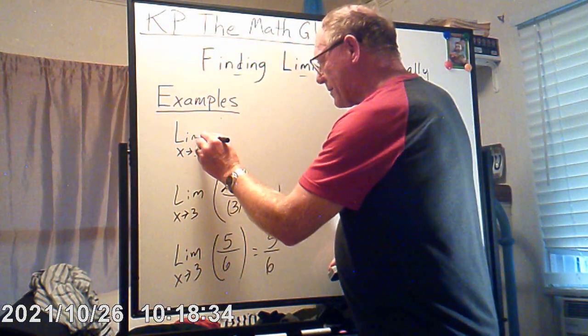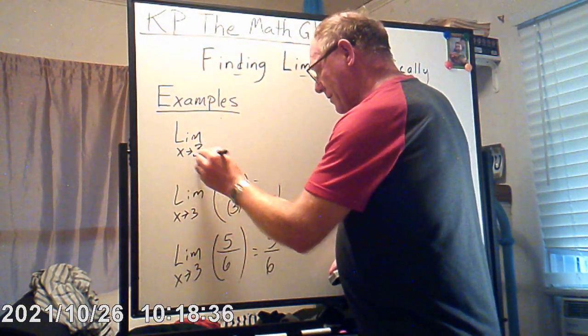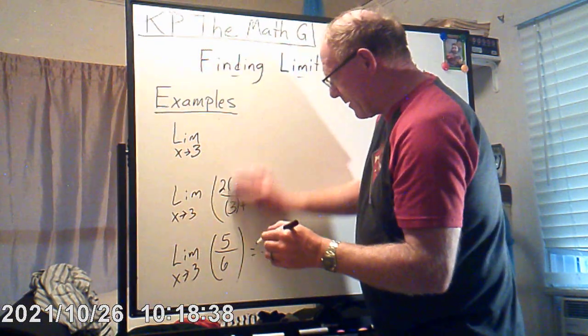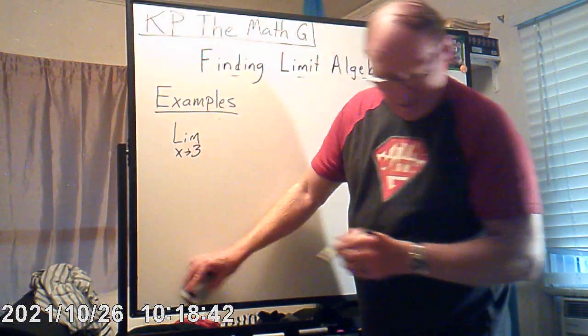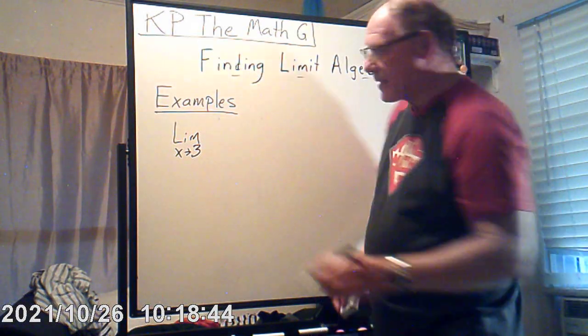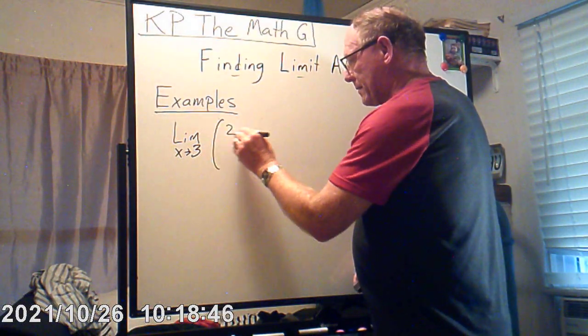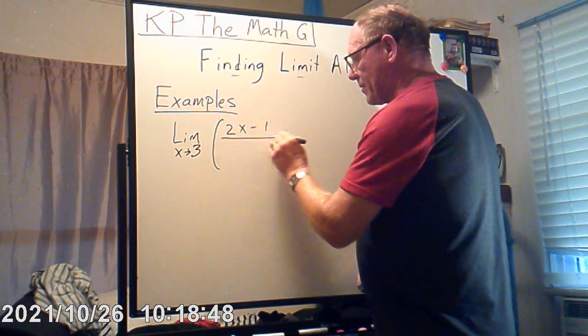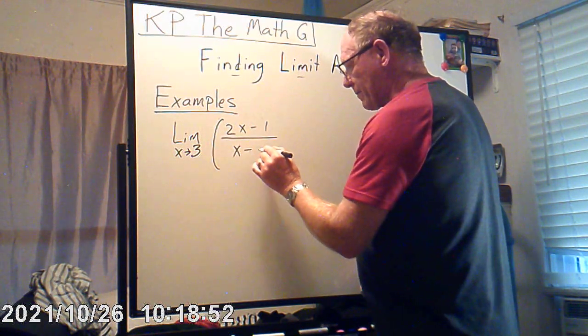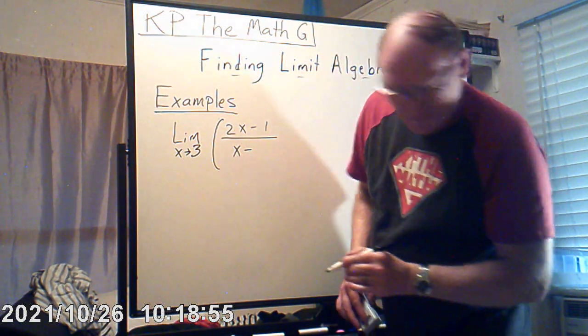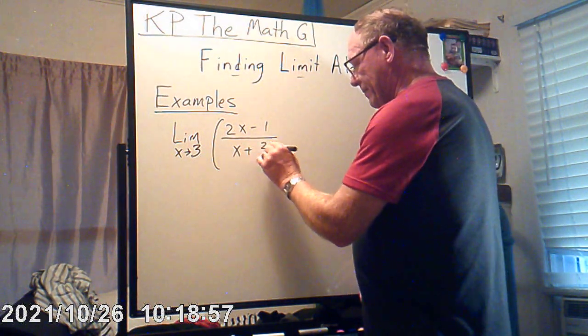By the way, let's put this back up here again. I want to show you something, and I'm going to erase the rest of this. 2x minus 1 over x plus 3.